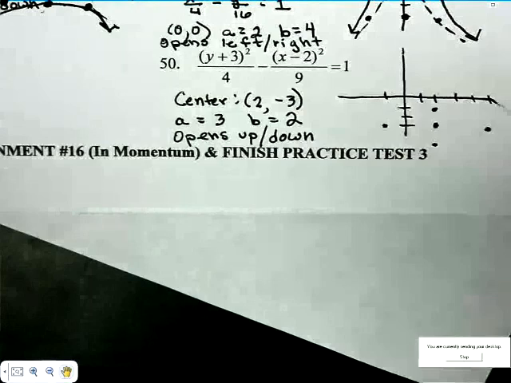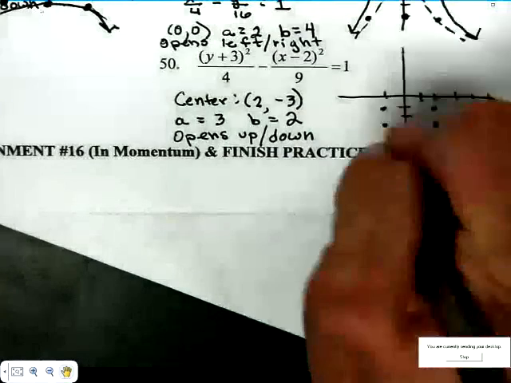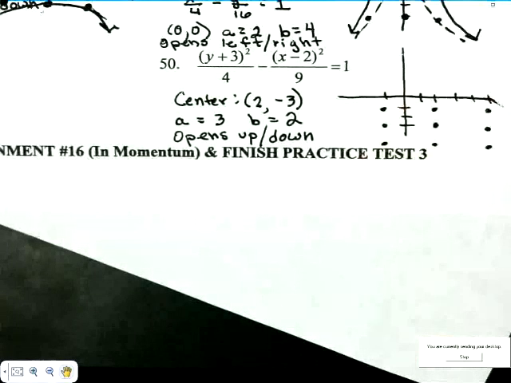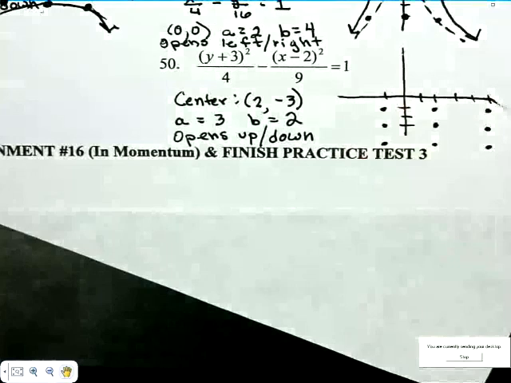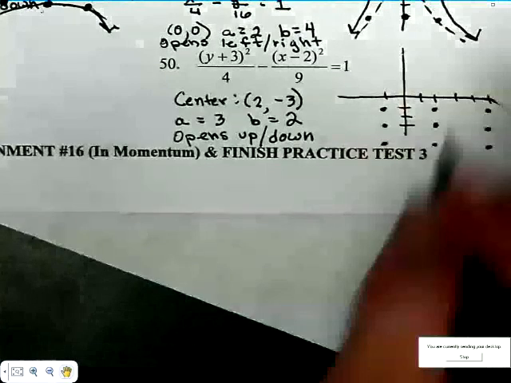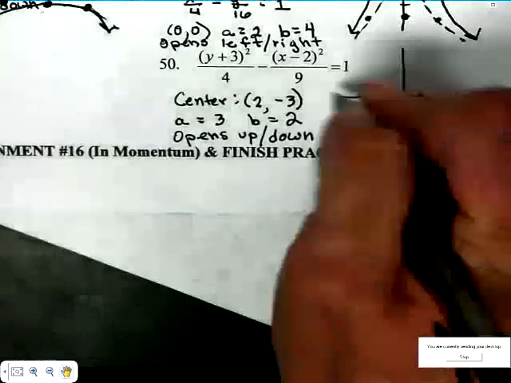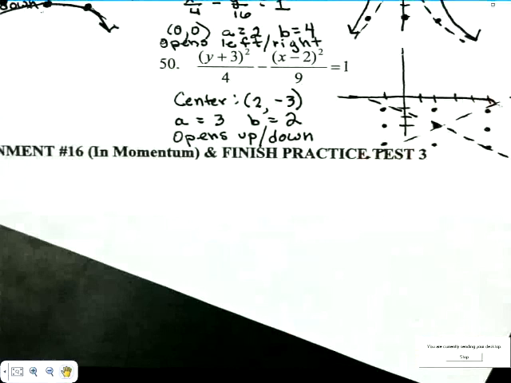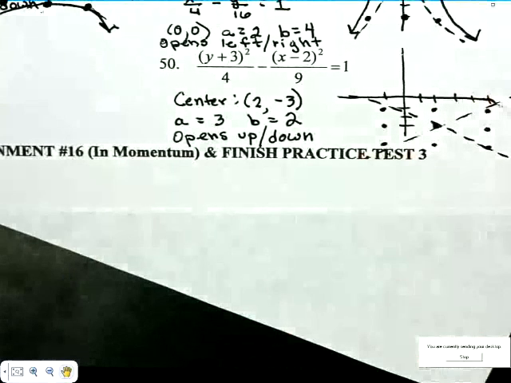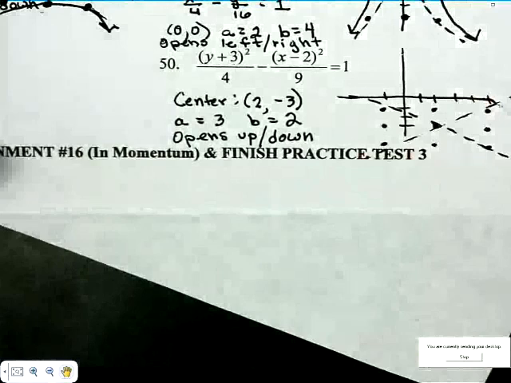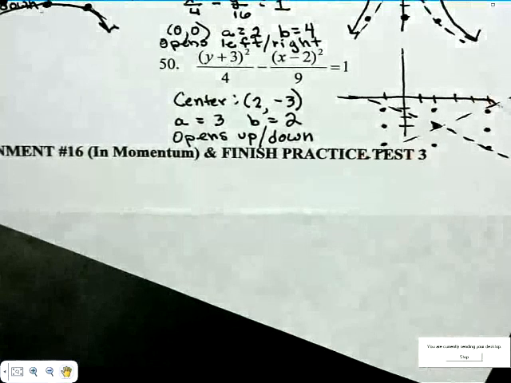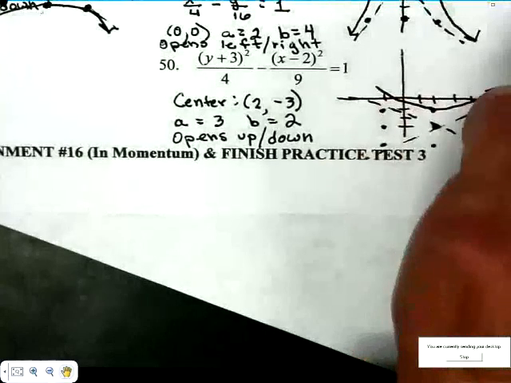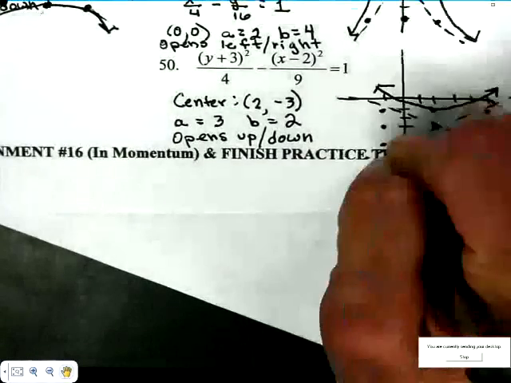But to get a hyperbola, I need to plot those corners of the fundamental rectangle. Dash in the diagonals. And then this hyperbola is supposed to open up and down. So just go through the 2 points that were determined by counting up and down from the center.